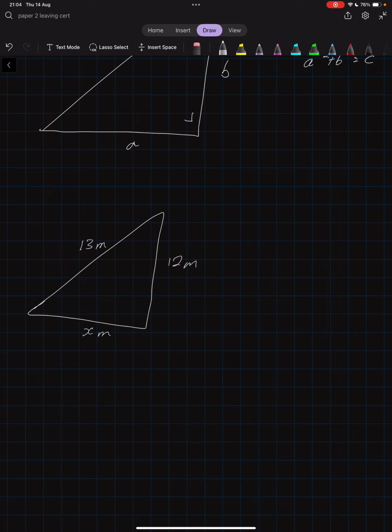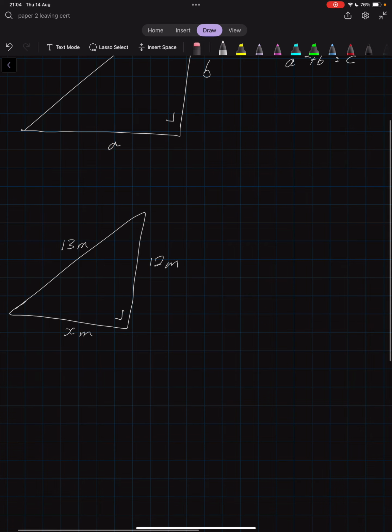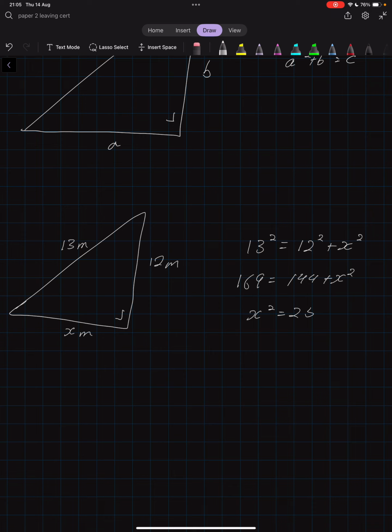I want to figure out what X is, this being a right angle. You would say 13 squared is going to be 12 squared plus X squared. So 169 is equal to 144 plus X squared. So X squared is equal to 25. So X is equal to 5.